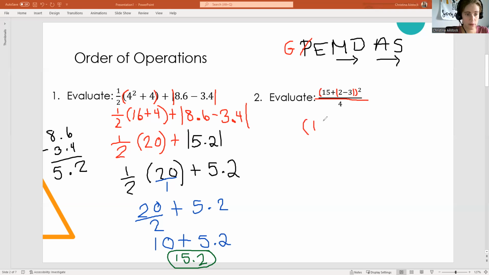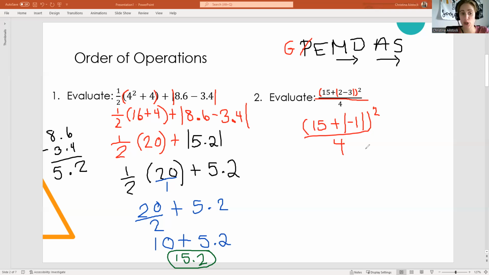So we have 15 plus, so inside those absolute value bars, we have 2 minus 3, which means 2 minus 3 is -1. Now that we've completed and there's only one thing inside the absolute value bar, we can take the absolute value to finish that portion of our grouping symbol.